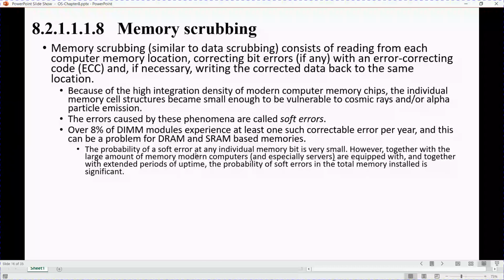The probability of an error in any individual bit is very, very small, but a given computer will have a lot of bits, and computers can be running for a long, long time. That means that the probability of an error in a given computer is significant.